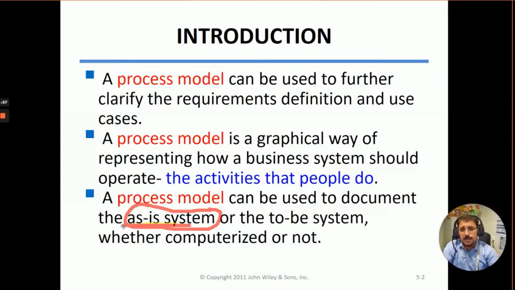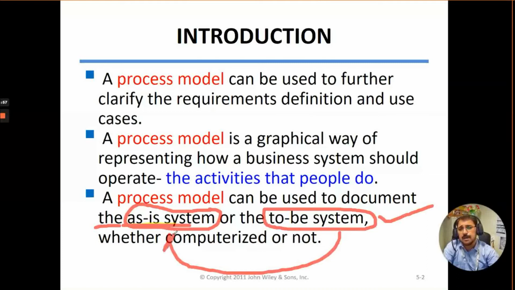One way, it is also possible that we use data flow diagram for the existing one, and it is also possible that we design, mostly it will be about the to-be system. The to-be system is the new one which will replace the existing one.